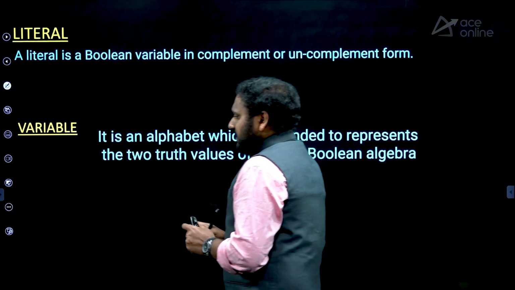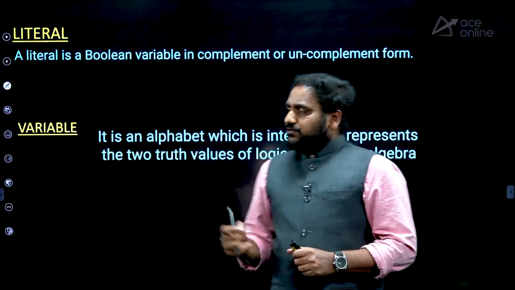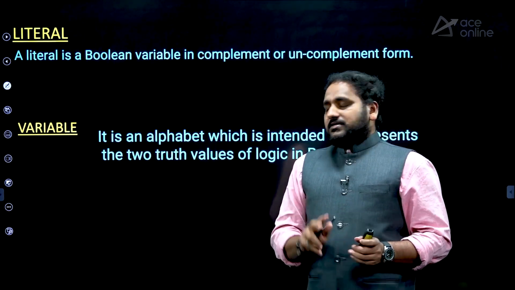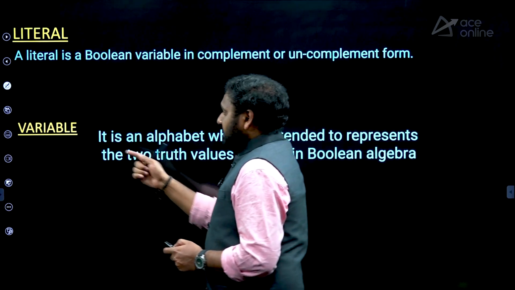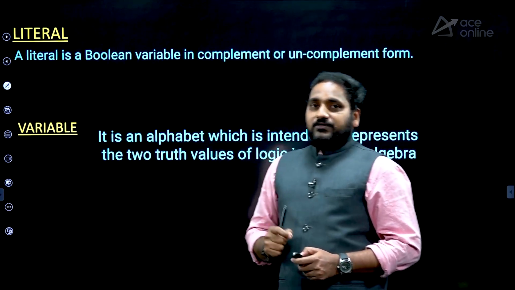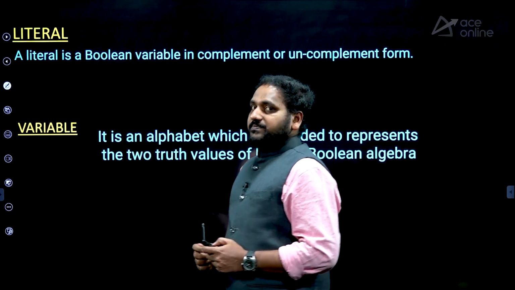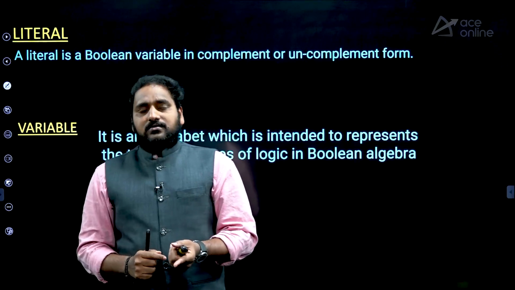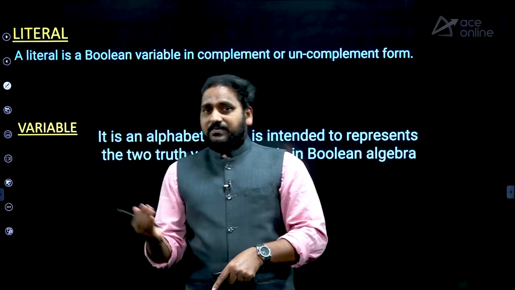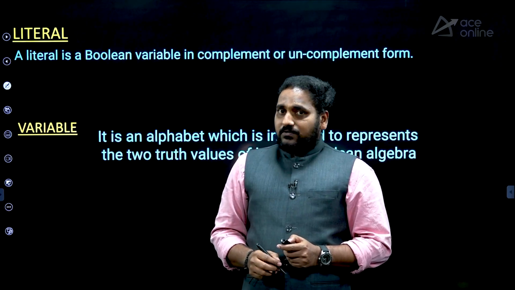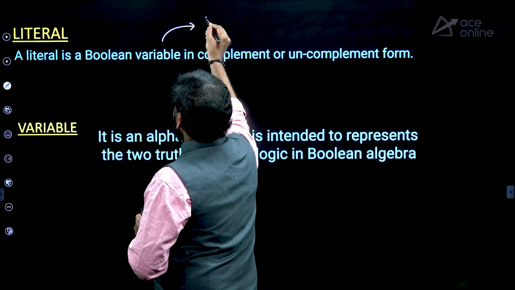Let me start with a very basic thing. Generally in every class, live or offline, I start with literal, variable, some terminology. A variable is an alphabet intended to represent the truth values. But what is a literal? In a minimized Boolean expression, the available variables in the form of variables and their complements can be considered as literals. F is equals to a plus b bar. So there are two literals in that expression.